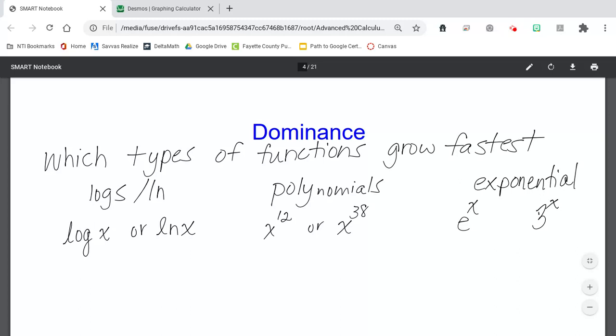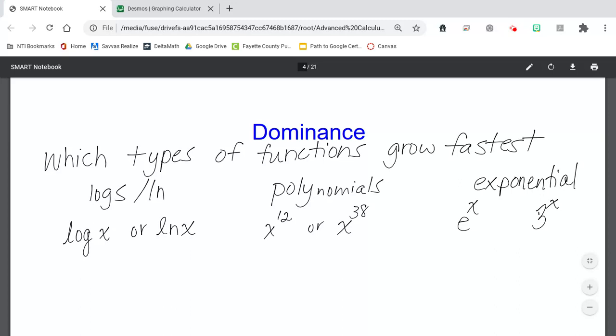So here's one like Delta Math. You'll have a couple that are multiple choice, and you have to decide the statement that best describes the limit shown. So we have the limit as x approaches infinity of e to the x over the natural log of x plus x to the 37th.